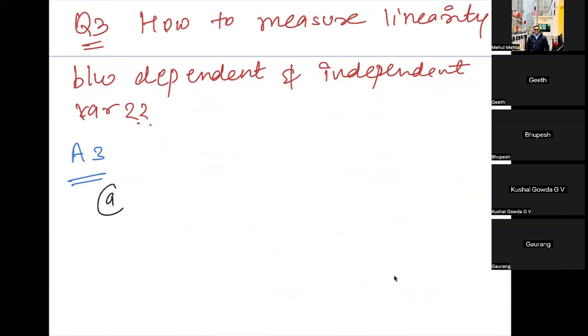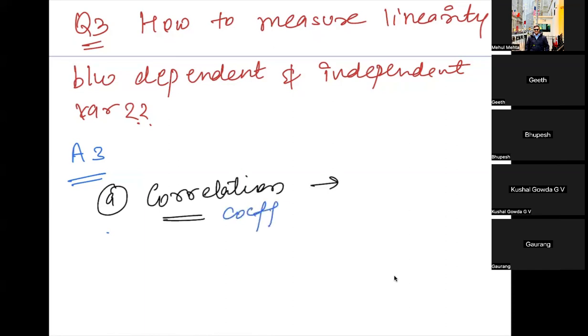The first way can be by using correlation. To measure the linearity between a dependent and independent variable, one common metric is the correlation coefficient.